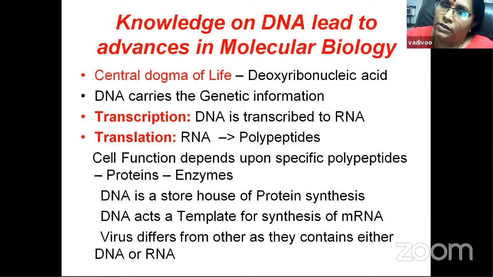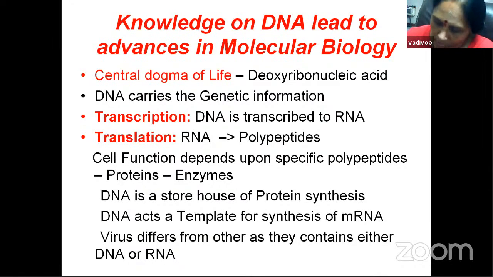So okay, all these words you must also be familiar with, like in molecular biology, transcription. Transcription is when DNA is transcribed to RNA, and translation is when RNA is converted to polypeptides.